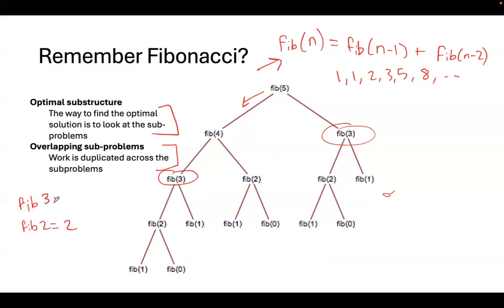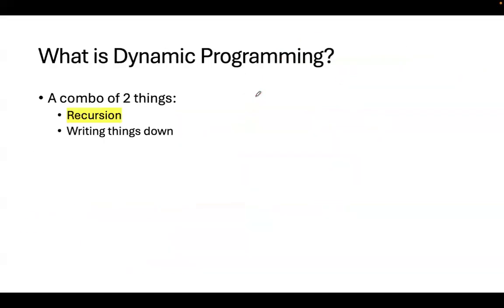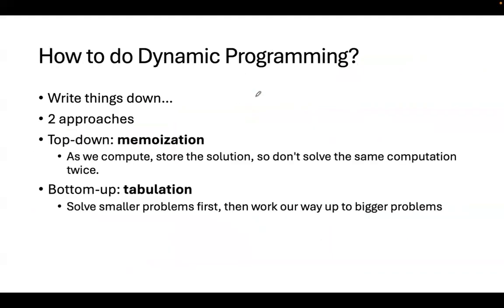And then fib of 3 is 3. We write these down as we go. That way, when we come here, we say, oh, I already know fib of 2, I don't need to do that again. And when we come over here, I already know fib of 3. So we go from the top of this recursive tree down, and as we compute something, we write it down so that we don't have to resolve it later.